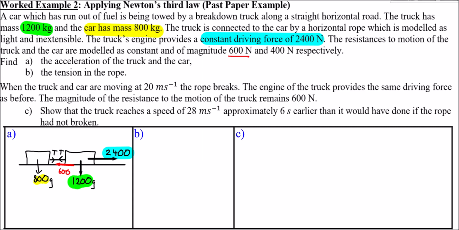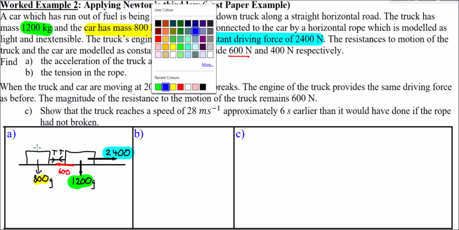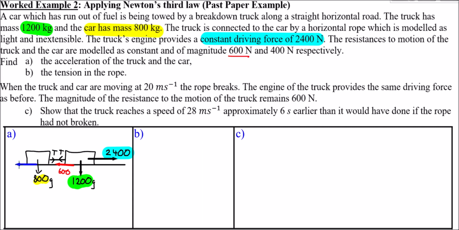And of course, also it says there's a force of 400 on the car, a resistive force acting against the motion. So, finally, we might be in a position to answer this question. What we probably should do as well is complete the diagram.